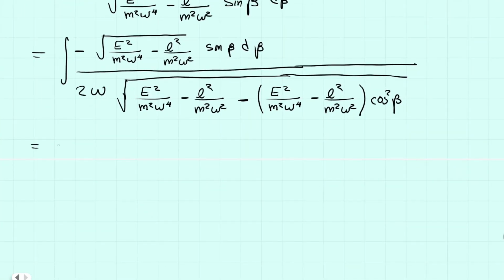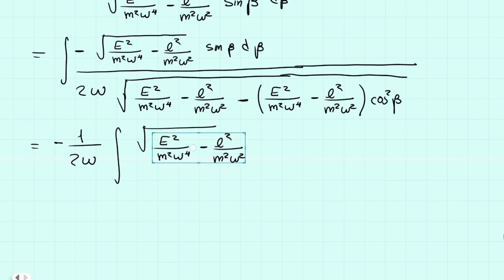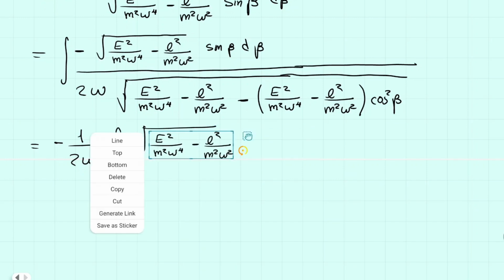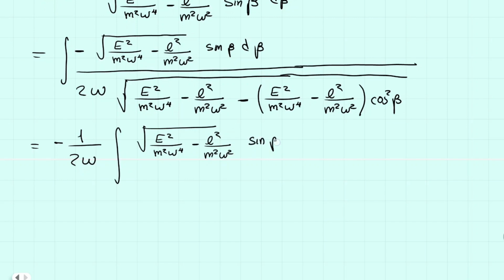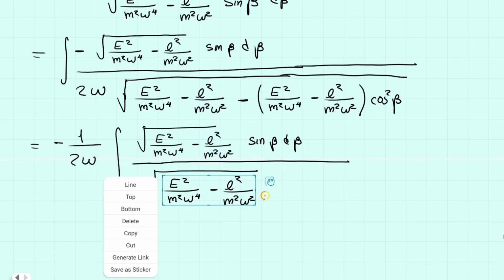And this is equal to negative 1 over 2 omega times the integral of the square root of this expression times sine beta d beta all over the square root, again, of this expression here.